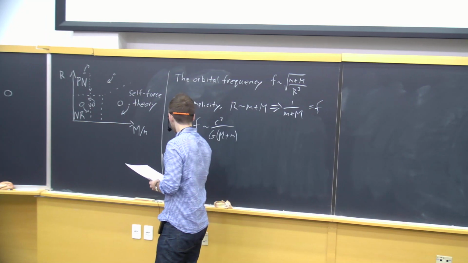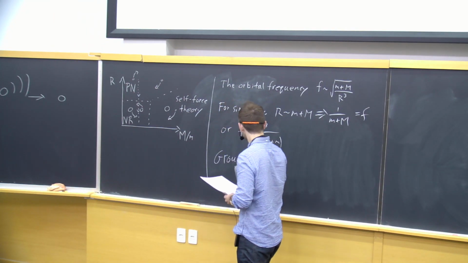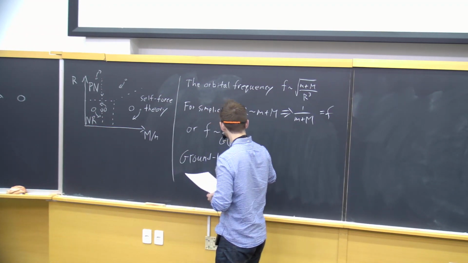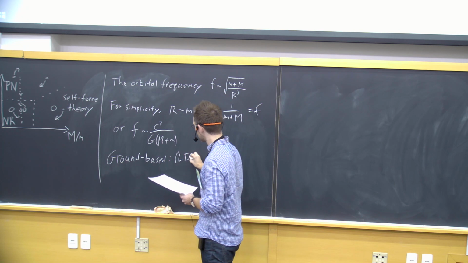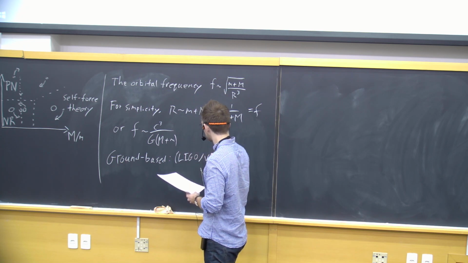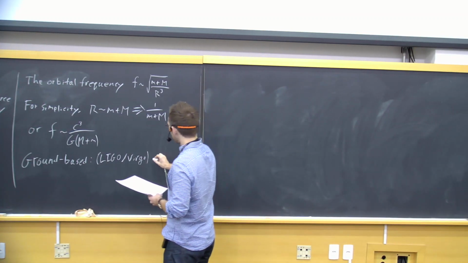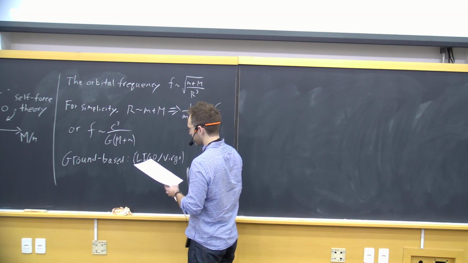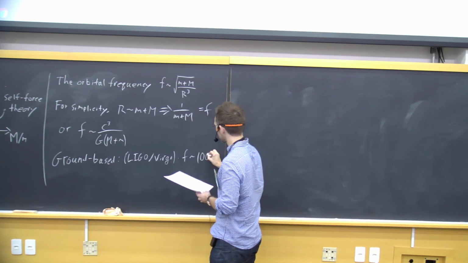Now, ground-based detectors like LIGO and Virgo are sensitive to frequencies about 100 hertz.